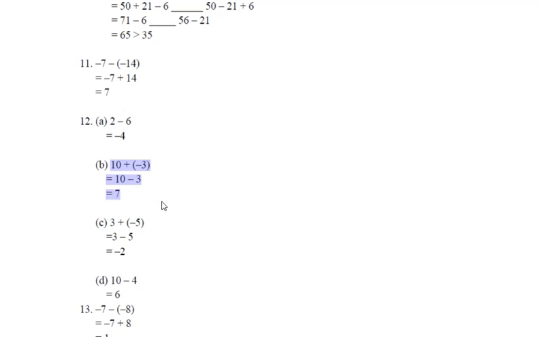And again, the sum is minus 2. The sum should be minus 2. So 6 plus minus 8, again it will be minus 2, and similarly 3 plus minus 5, again it will give you minus 2. And the difference is 6. So 10 minus 4 is the simplest answer, 6.